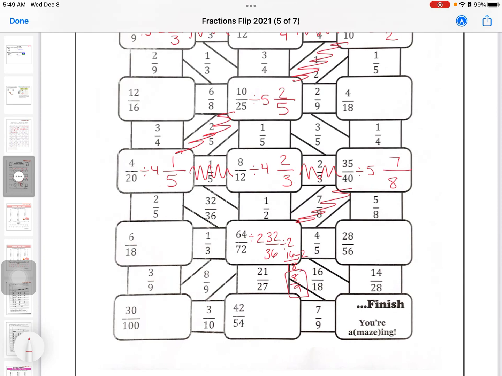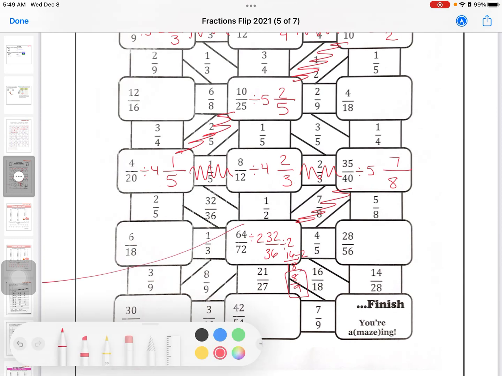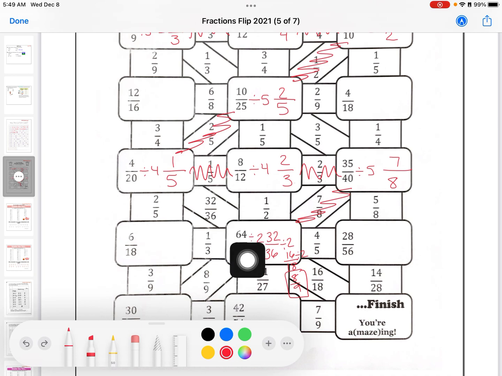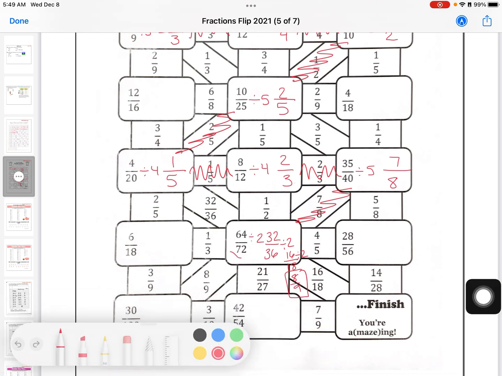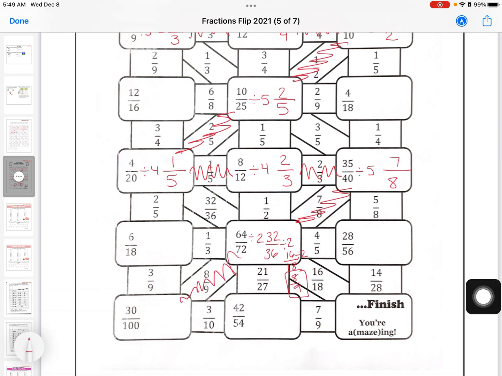Now, had I picked the number 8 over here, oops, sorry about that, I would have gotten straight to 8/9, but sometimes you might have to simplify a few times to get to simplest form. I know 8/9 is in simplest form because there is no other number that goes into both 8 and 9.